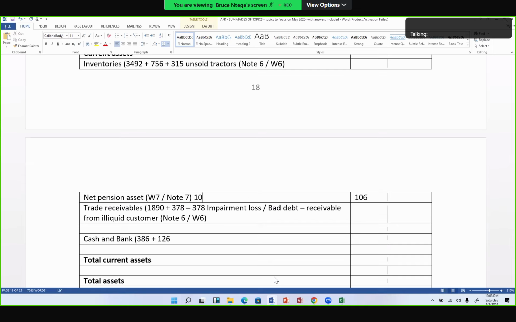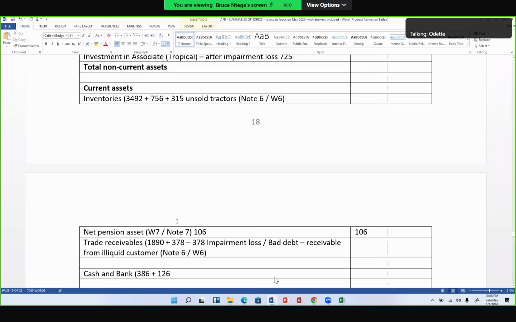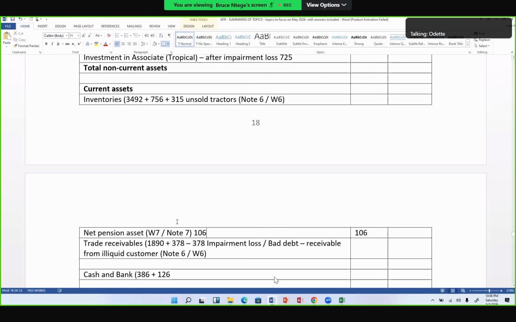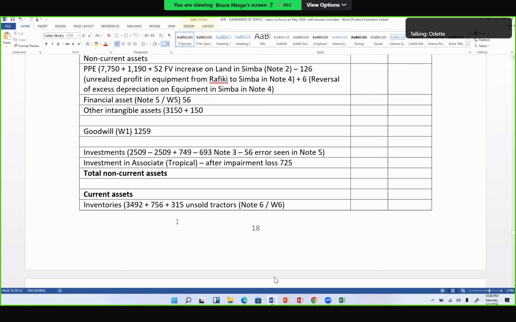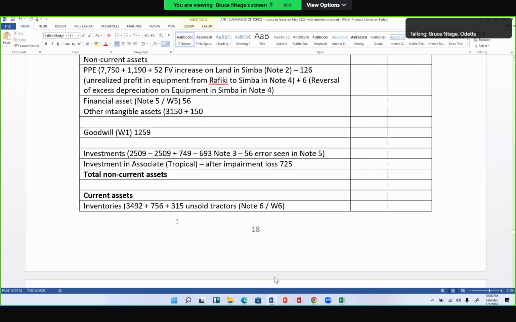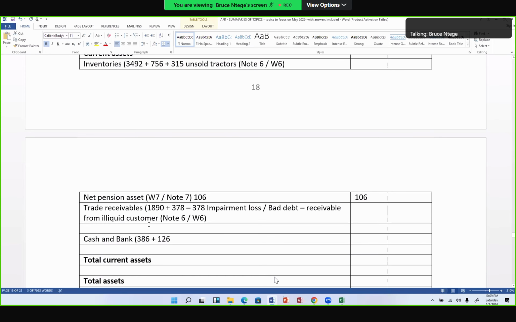But in the financial statement, there is another defined net asset of 244. Where can it be? Just help me say in current assets or non-current assets so that I look for it faster. Current asset. Okay, in current assets.